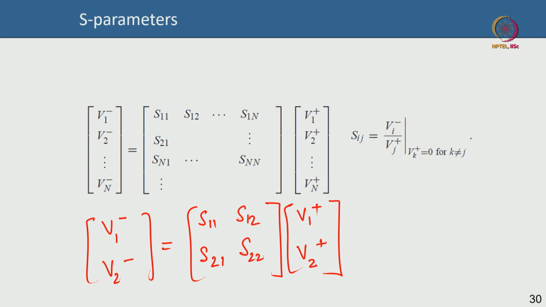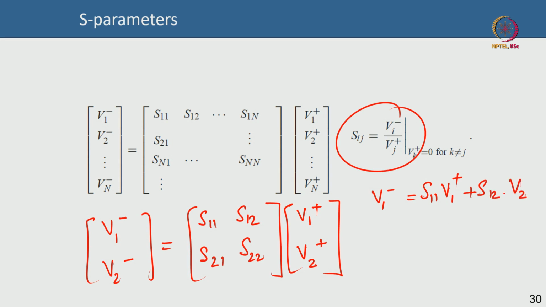You see, this is the generic formula, but I can do it step by step. For instance, V1 minus is equal to S11 V1 plus plus S12 into V2 plus. Okay. So, what does it mean? It means that if I want to measure S11, then this is S11 equals V1 minus by V1 plus, while V2 plus is 0.